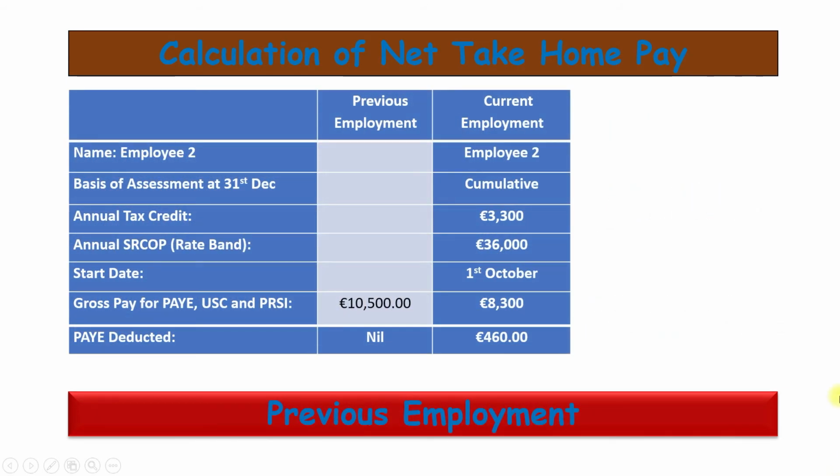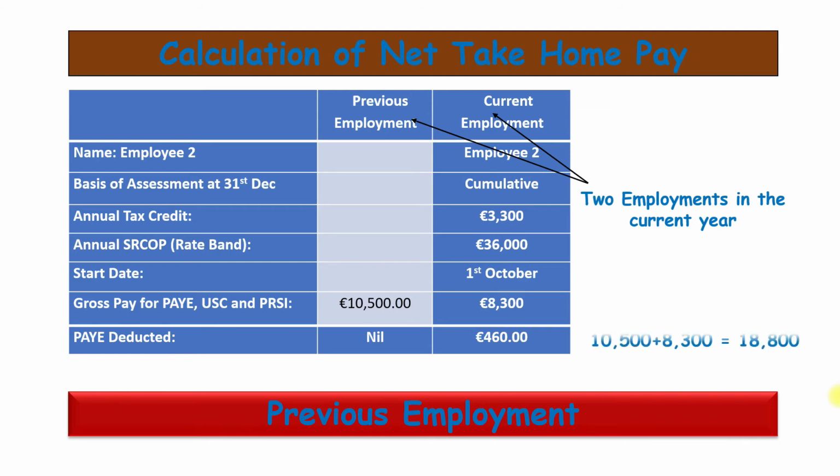The second employee has worked elsewhere at the start of the year and with us for part of the current year. For the purposes of this exercise, her total pay is found by adding her two employments together. She paid no tax in her previous employment, so her total tax paid calculated on a single assessment basis is $460.